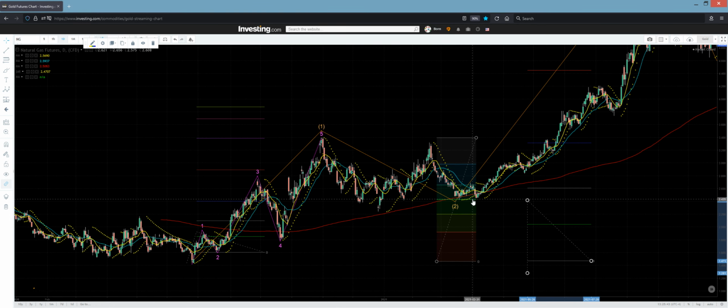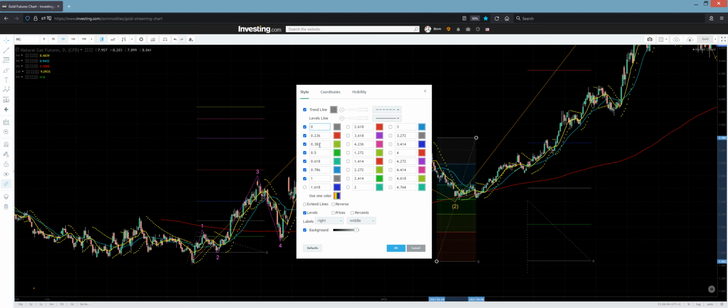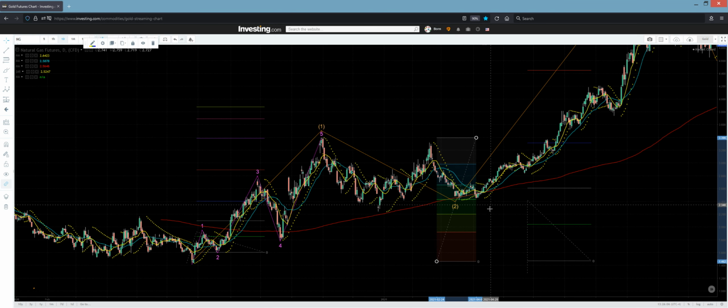And where did it hit? Wave C. Wave C terminated at the 50%. Wave A terminated almost at the 382 level.